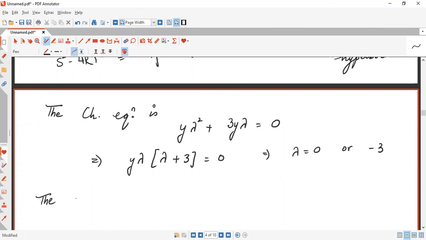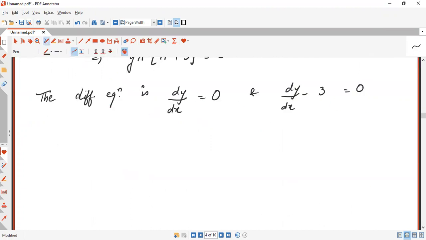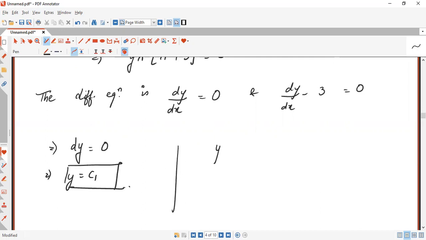So for this characteristic, the differential equation becomes... I have reached these two equations of this differential equation.